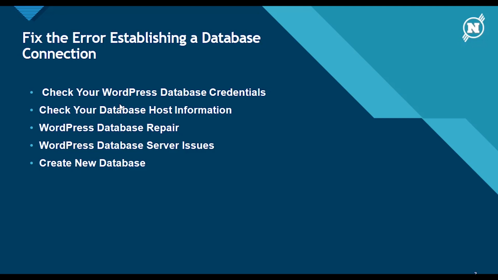Once you check your database host information is okay, and the host is working, you would need to move to the next step of repairing the database. If that does not work, you might consider asking your host to reboot the database server. If everything fails, you would consider creating a new database and importing the old data in the new database and reconnecting it with your WordPress installation. Those are the ways to fix this error establishing database connection.